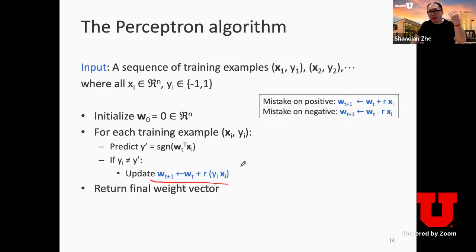Before that, we can take a closer look at this update. First, in the perceptron algorithm, we only make updates when we make wrong predictions. So we have two possible wrong predictions. First, if the ground truth label is positive, meaning you're misclassifying a positive example, then according to the update rule, yi is 1, and the update rule is essentially adding to wt the constant learning rate r times xi.